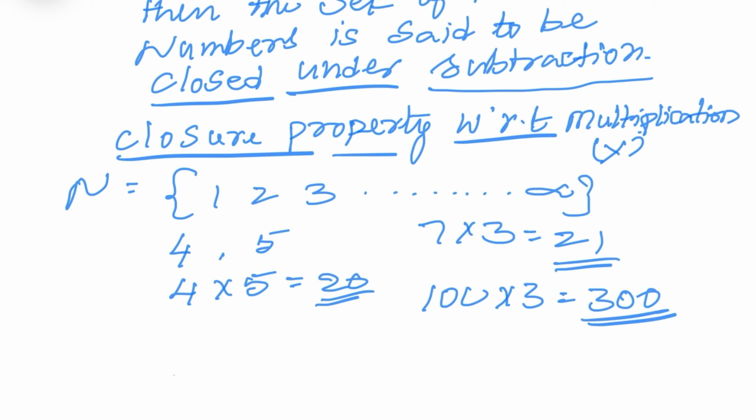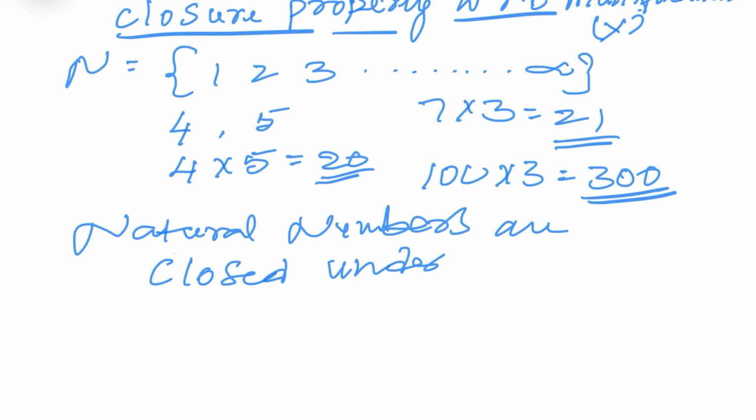If you say set of natural numbers, we use is; natural numbers are closed under multiplication with no doubt.